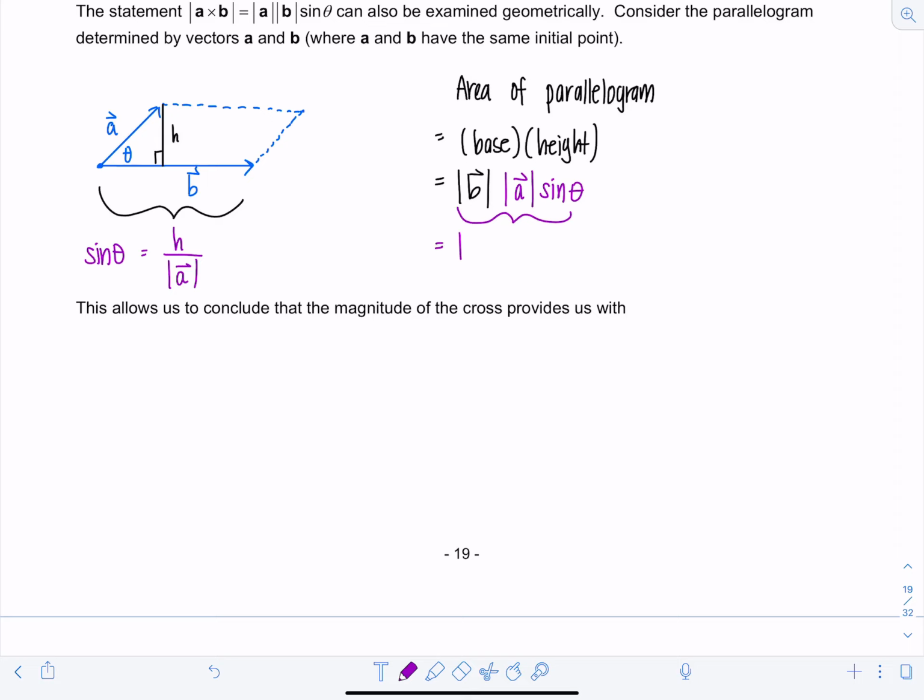This is the magnitude of A cross B. Ooh. So this allows us to conclude that the magnitude of the cross product provides us with the area of the parallelogram determined by the vectors.